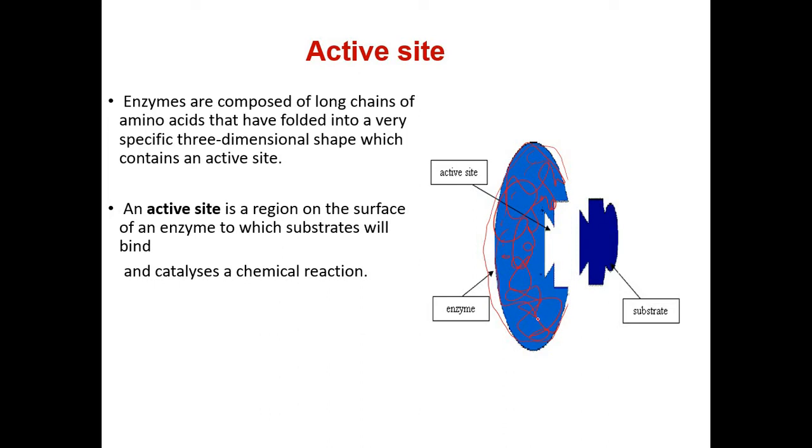So if this is the structure of the enzyme, this site here is what you call the active site. The active site is a region on the enzyme molecule where a substrate could bind. So a substrate is just a biochem term for a reactant. So it's the reactant that could bind to the enzyme. That's why it's termed a substrate. Okay?